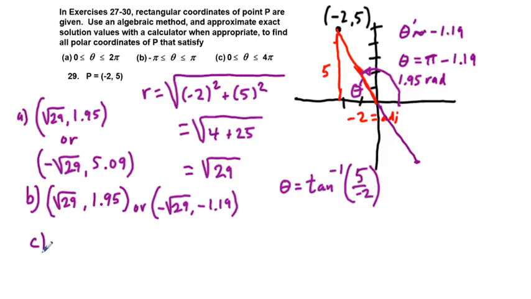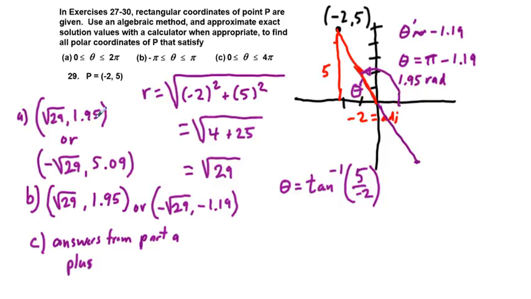And part C, we're going to have answers from part A plus, what we're doing is we're keeping the same radius, but we're going to add another 2 pi to that.